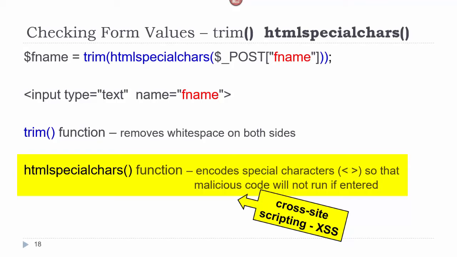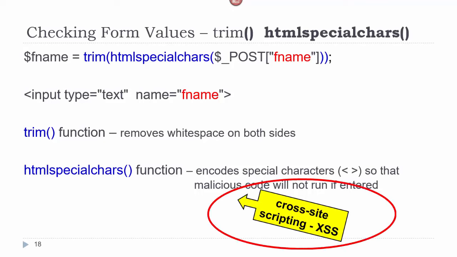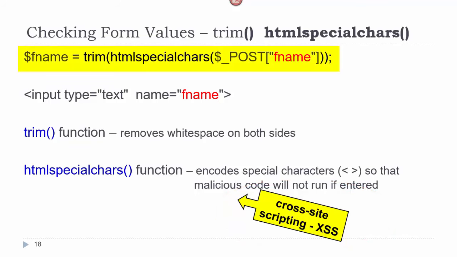For example, you can use some malicious JavaScript which would entail writing the script tag. So what this function does is it encodes them so that they are sent over as special characters and they're not literally interpreted and do not cause harm. This process of trying to send malicious code to the server in a form is called cross-site scripting, and the acronym is XSS. As you can see, you might want to use htmlspecialchars and the trim function.